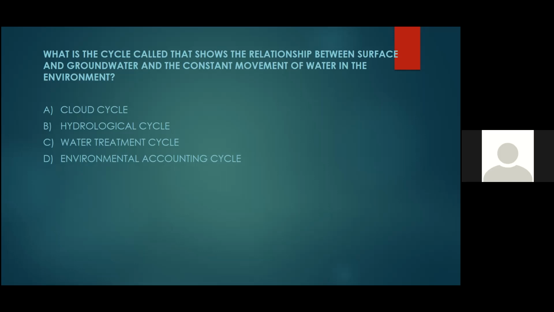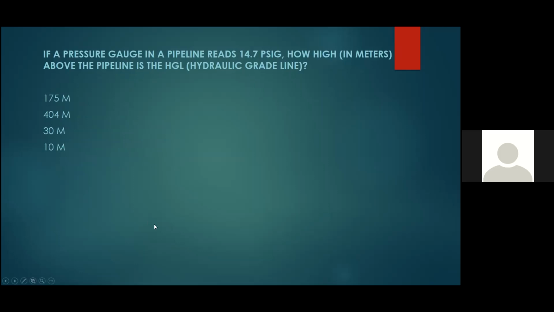All right, this next one is going to take a little bit of thinking. If a pressure gauge in your plant or a pipeline reads 14.7 PSI gauge, how high in meters above the pipeline is the hydraulic grade line? I'll let you think about that one.